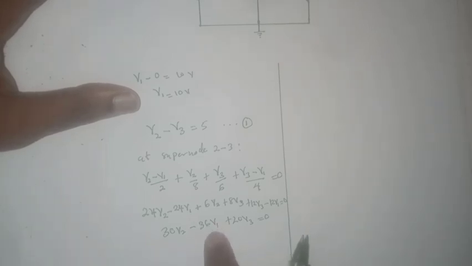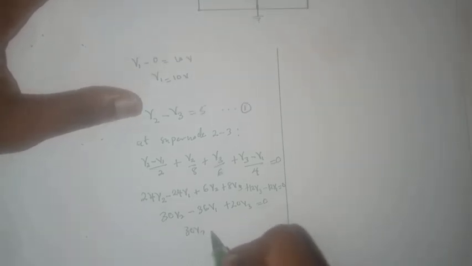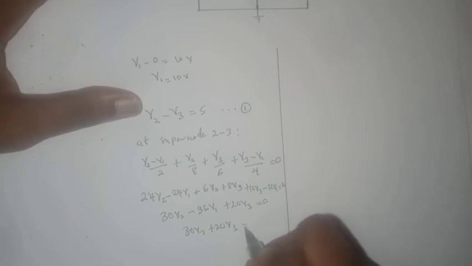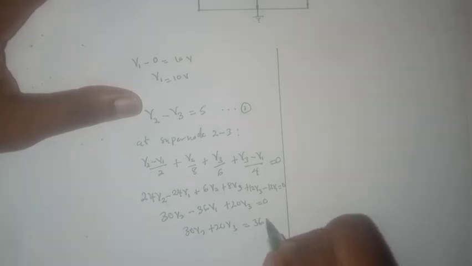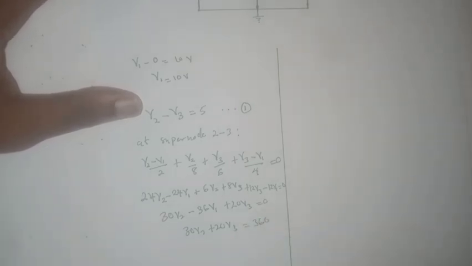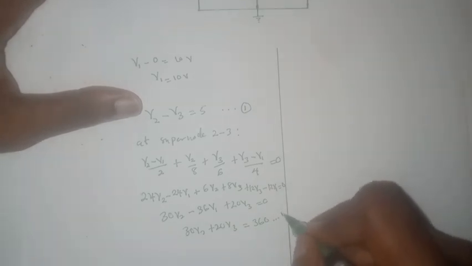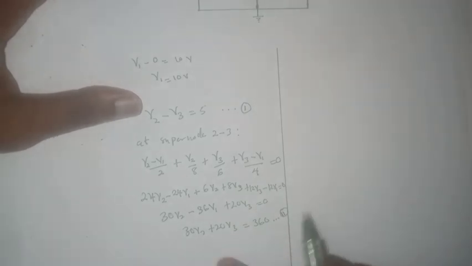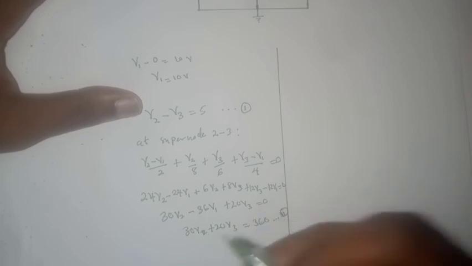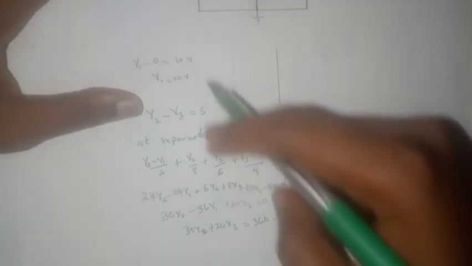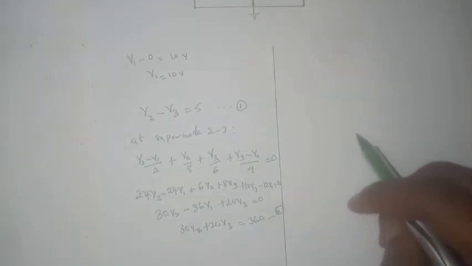Okay, and we know that V1 is equal to 10, so we can say 30 V2 plus 20 V3 equals 360. I can call this our second equation. Then we can go ahead to solve these two equations simultaneously.